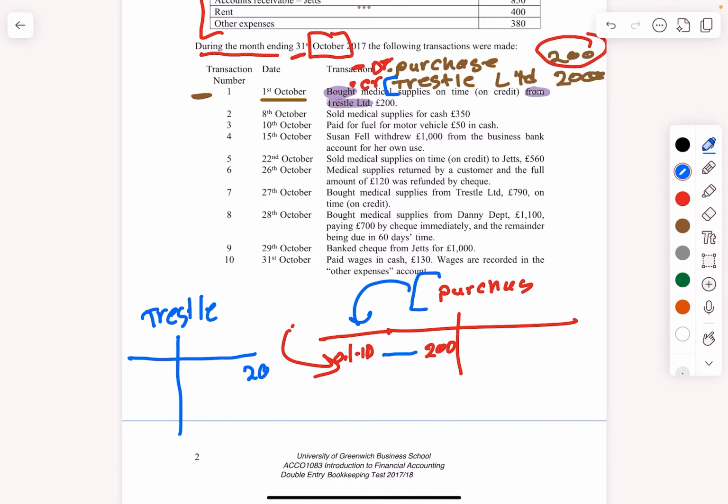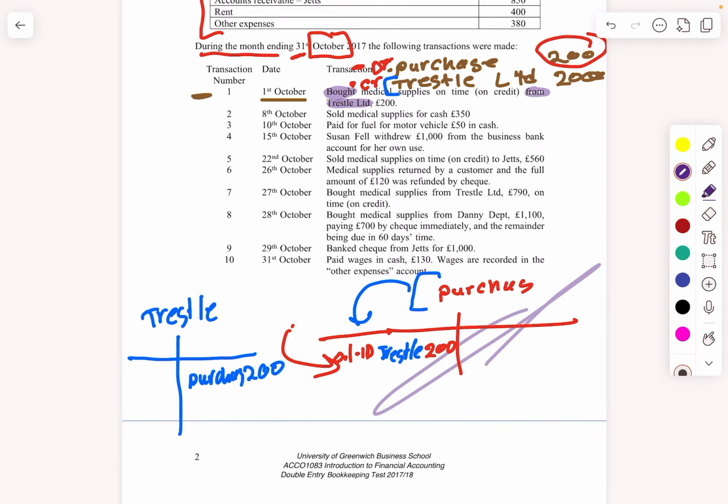So we're gonna put the 200 here, but we're gonna call it purchase. Is that clear? And here it's gonna be Treasure. I know, a bit confusing, but that's okay.